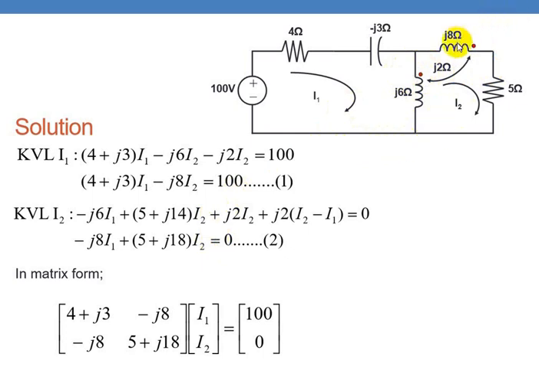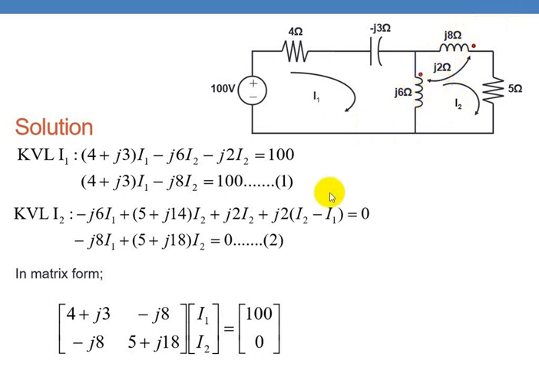Next, while writing the voltage drop due to mutual inductance for this coil, again it will be the mutual inductance reactance j2, and the current flowing in this is I2 minus I1.